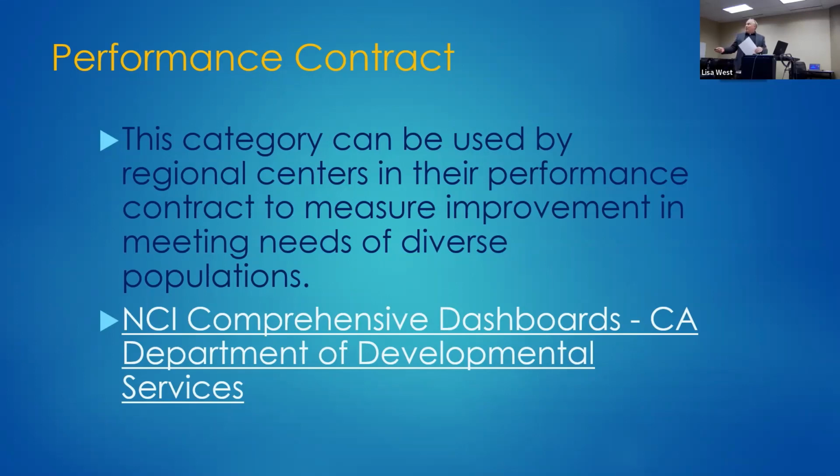This link takes you to the department's website where you can create your own filters to explore different categories of individuals, and it can be broken down by age, diagnosis. But for the purpose of performance contract measures, we want to see what levels of satisfaction were for different ethnicities across different years in different survey responses.